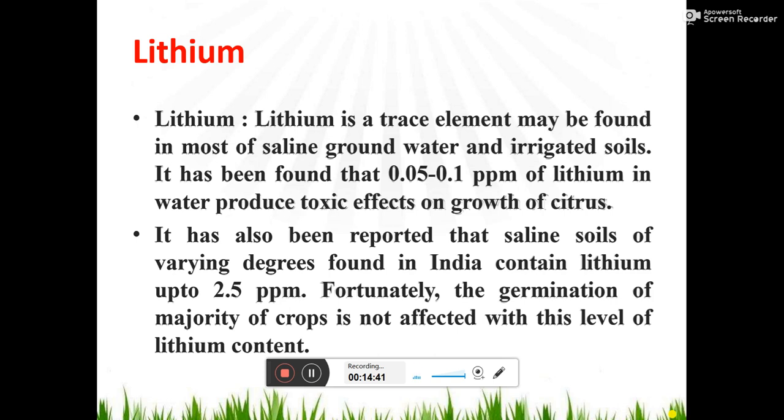It has also been reported that saline soils of varying degrees found in India contain lithium up to 2.5 ppm. Fortunately, the germination of the majority of crops is not affected with this level of lithium content. So basically, as in the case of fluoride, the concentration of lithium does not affect the majority of crops at this level.